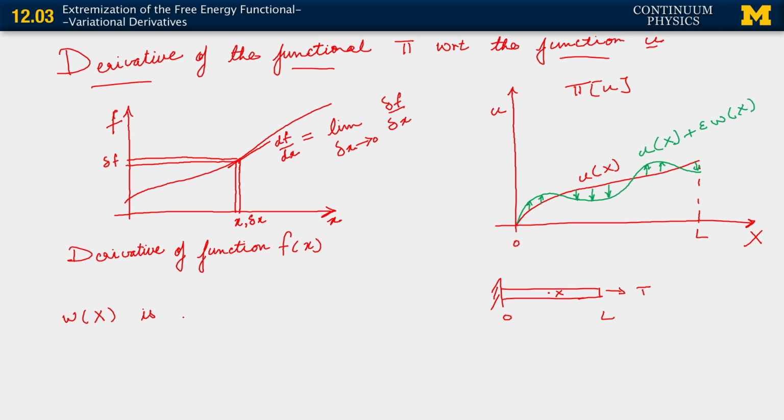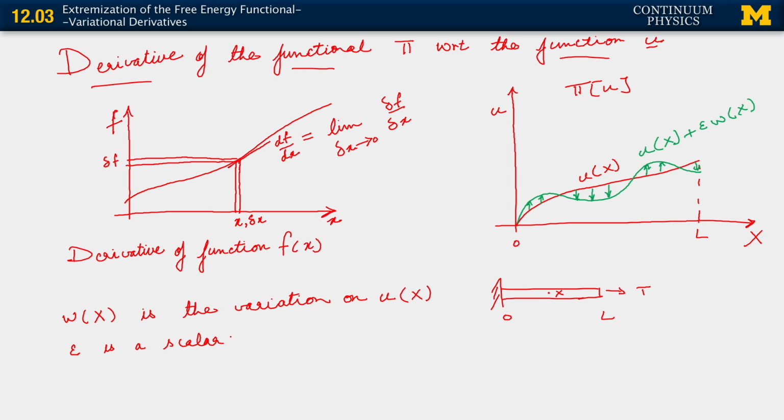is the variation on u of x. Epsilon is a scalar. And the idea of the scalar is the following.